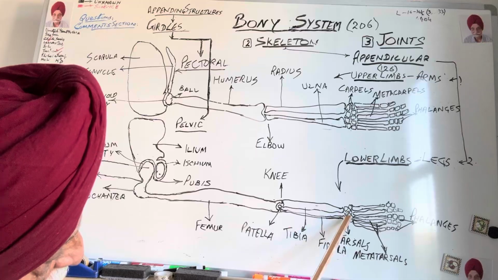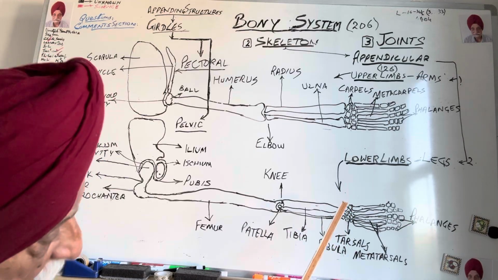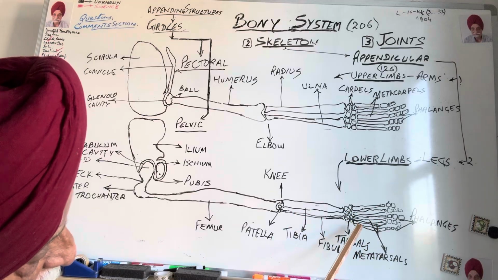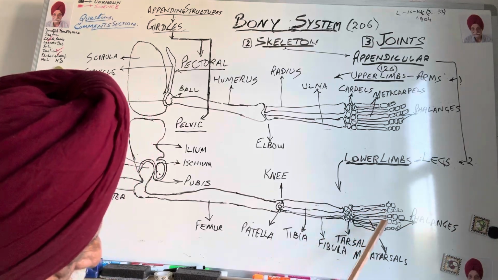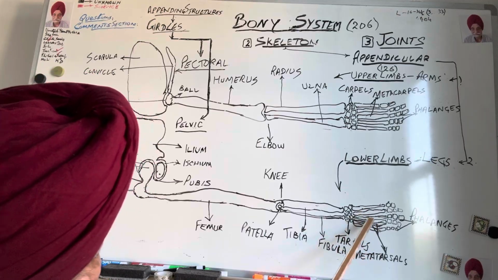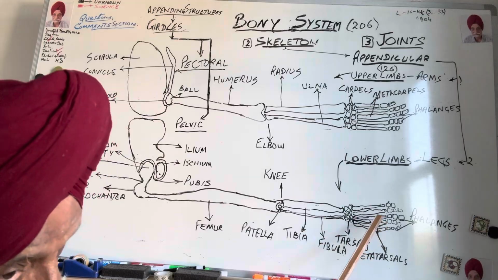The bones of the tarsals, the bones of the ankle, are 7 in number, and they join up the bones of the foot, which are called the metatarsals, 5 in number.